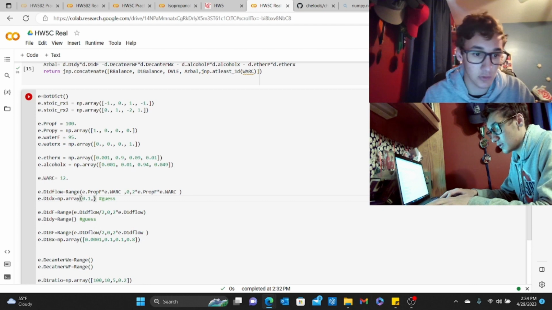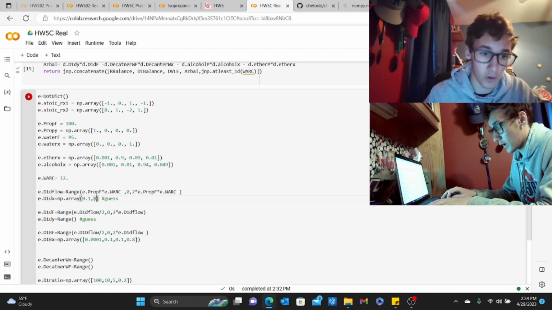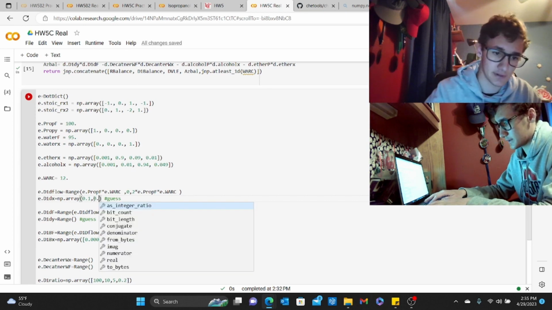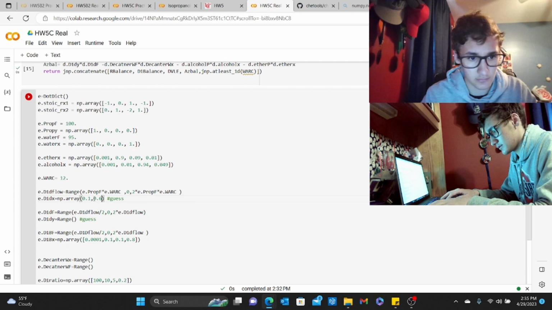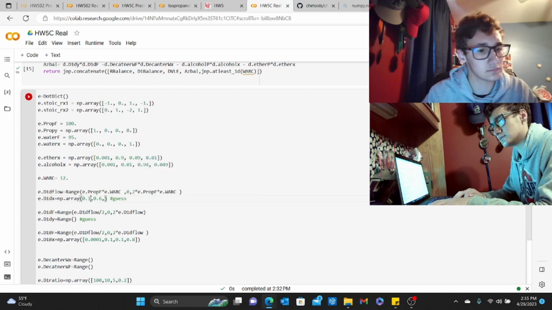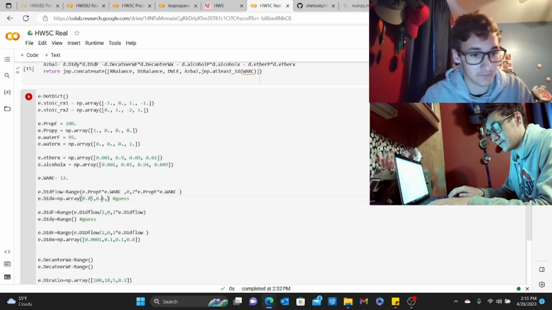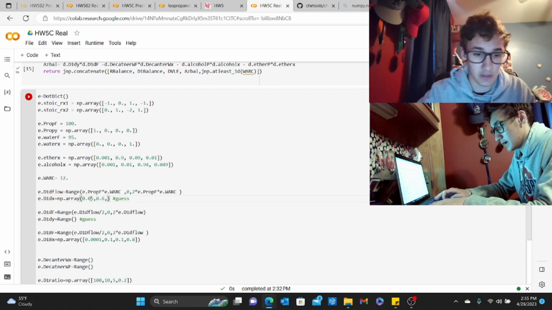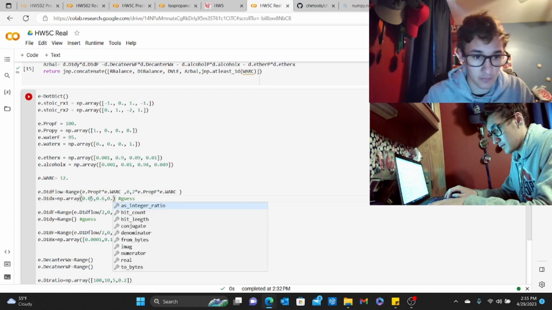From there, we're going to assume most of it is going to be water, not water. Most of it is going to be alcohol. So we're going to say 0.06. And then, okay, no, we're going to use 0.5 just for giggles. 0.06 is alcohol, which means then we're going to do 0.1.